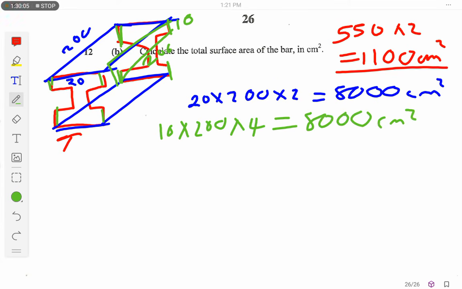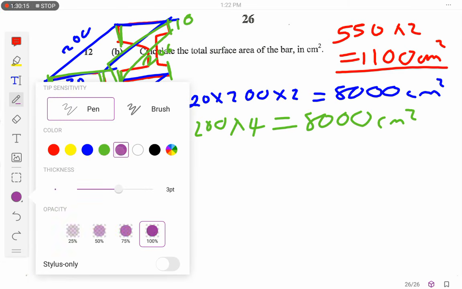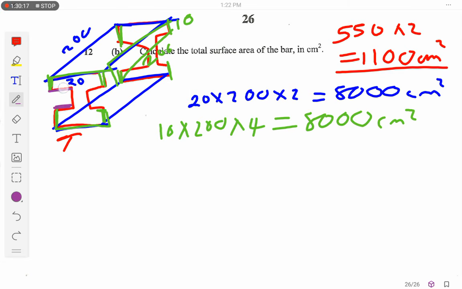So I finished this part, this part, this part, and this part. I'm left with these parts: this one, this one, this one, and this one, and there are 4 sides. These were 5 times the length, 200, times 4 of them.